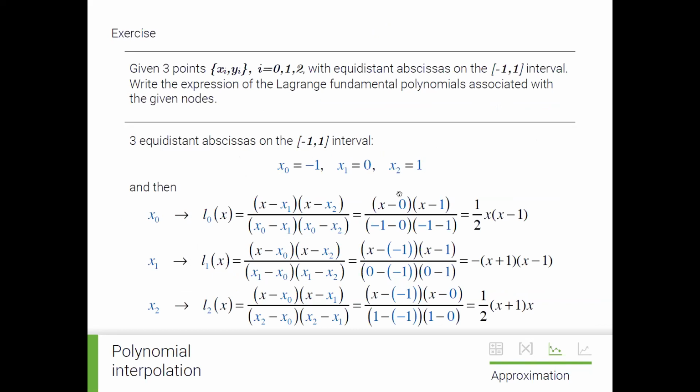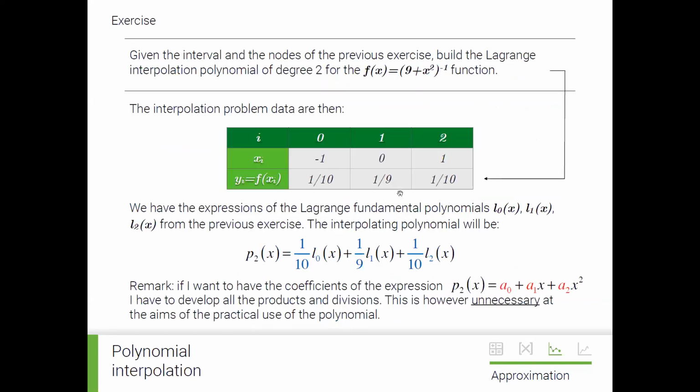And now let's consider the next example. Given the interval and the nodes of the previous exercise, build the Lagrange interpolation polynomial of degree 2 for the function f of x equals (9 plus x squared) to the power of -1.